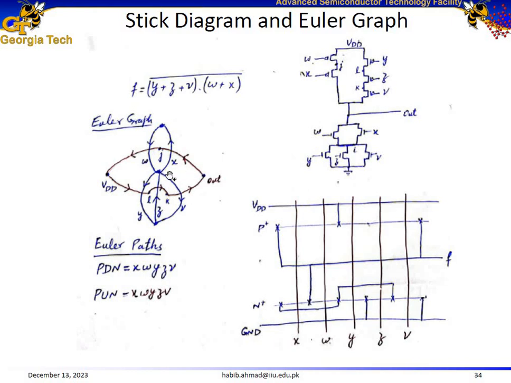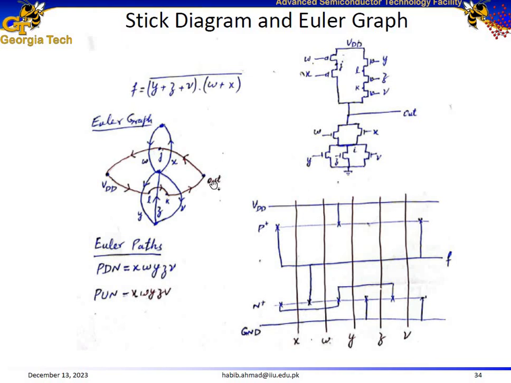So the Euler path becomes x w y z v for the pull down network, and this x w y z v also works for the pull up network as well. Similarly, another solution would be x w y z v.